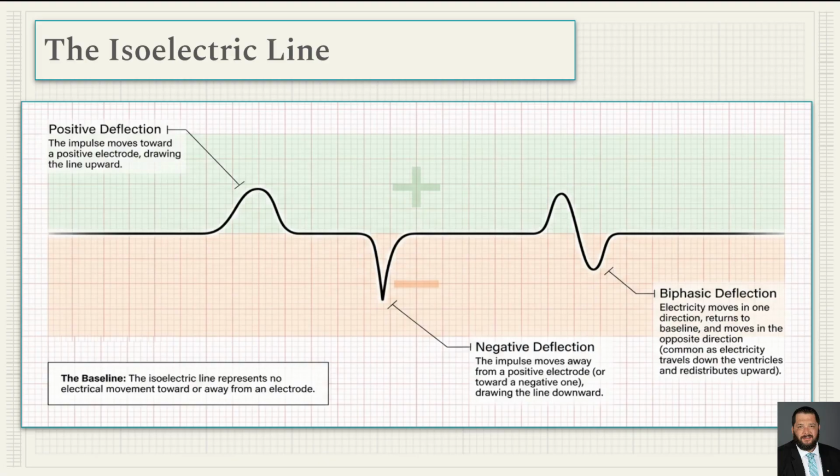If it moves towards the negative electrode, you're going to see a negative deflection, or below the isoelectric line. You also have complexes that will show up as what we call biphasic, and this is where for a period of time the electricity is moving towards the positive electrode, and for a period of time it's moving away from the positive electrode toward the negative electrode. This creates a biphasic deviation of the isoelectric line.